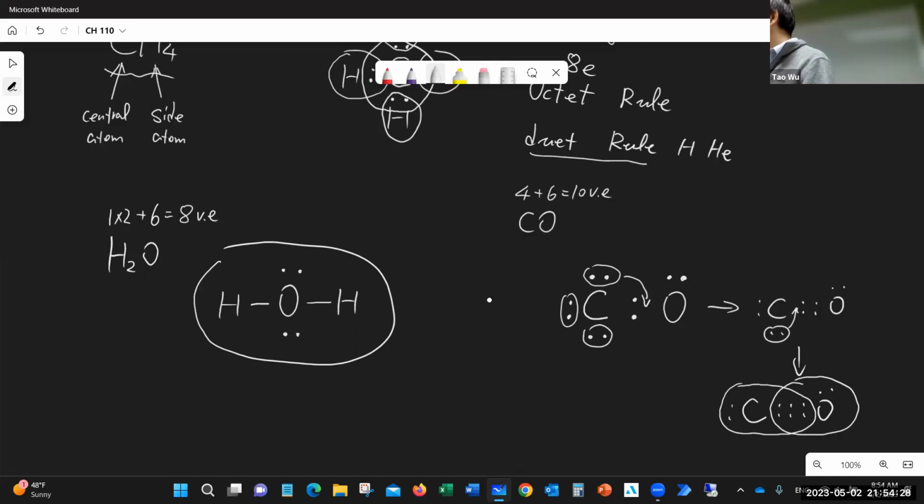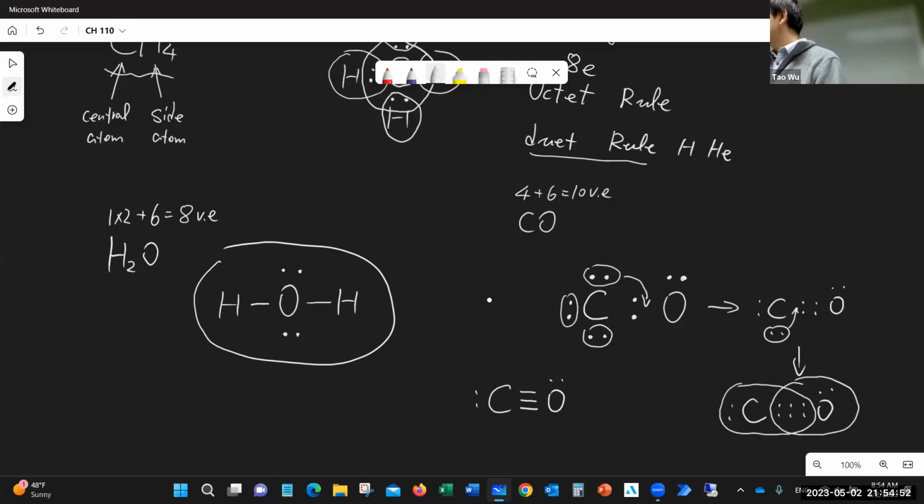That's it. But here, instead of one pair of shared electrons, we have 3 pairs of electrons. So in this case, this carbon and oxygen have the triple bond instead of a single bond. Okay. And then here is the Lewis structure for CO, for carbon.